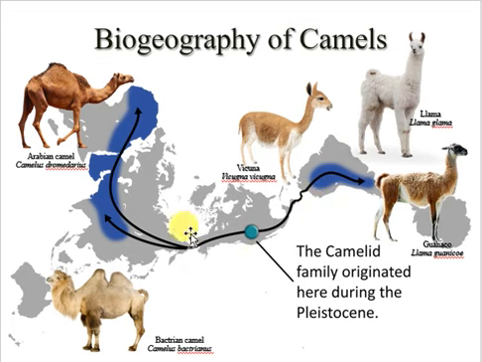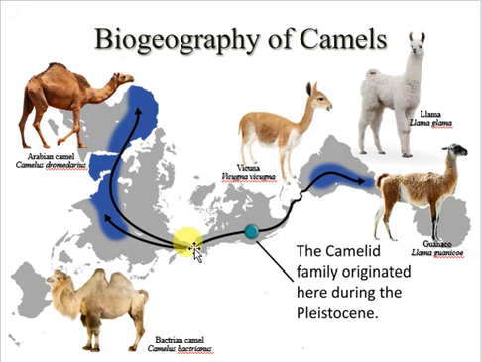There was still the land bridge at the Bering Strait, so that's how they were able to cross into different regions of Southeast Asia, India, and Northern Africa. And they also radiated out into South America.